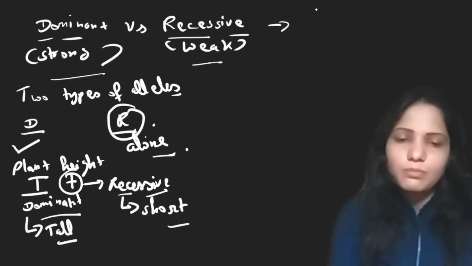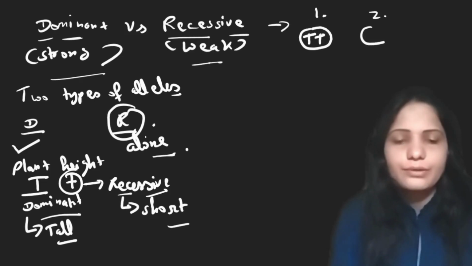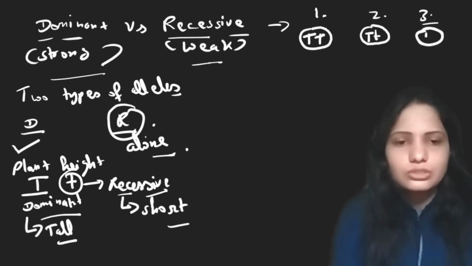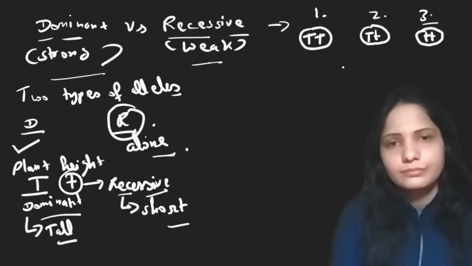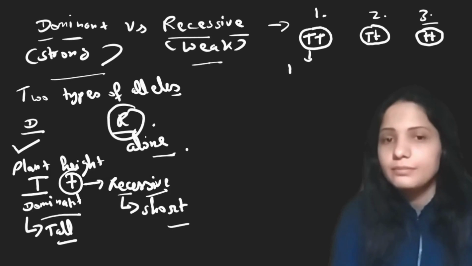Let's say in case of plant 1, we have capital T capital T, and in case of second plant we have capital T small t, and in third case we have small t small t. Now, as I have said, the dominant allele will always express itself. So this plant will be tall.